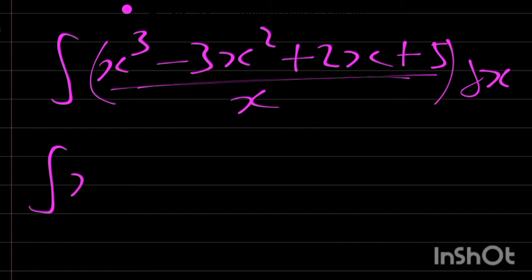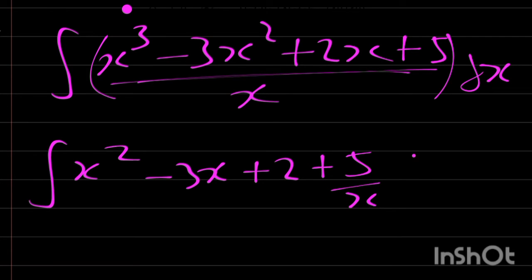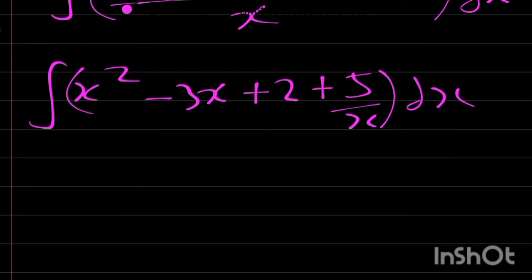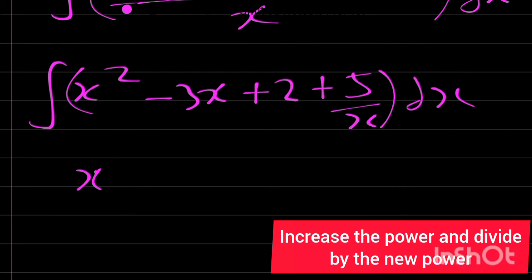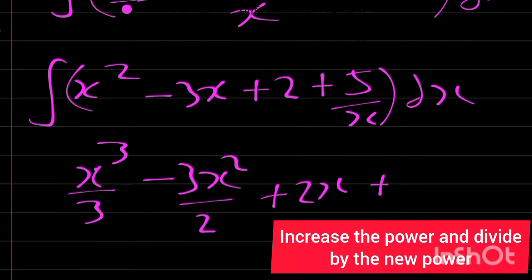So I have x squared minus 3x plus 2, then plus 5 over x with respect to x. Then integrate each term. I'm going to have x raised to power 3 over 3 minus 3x squared over 2 plus 2x, then plus, you have to be careful with this.